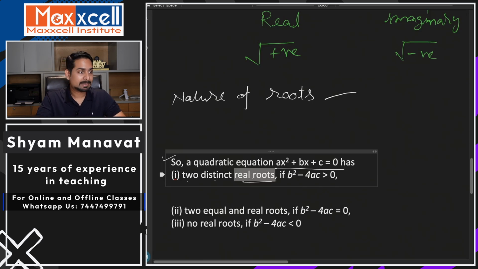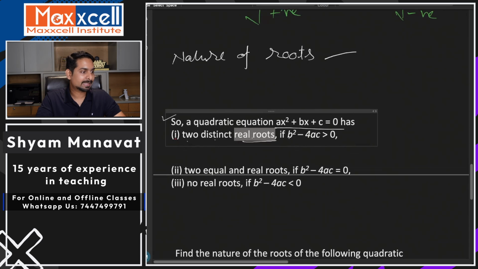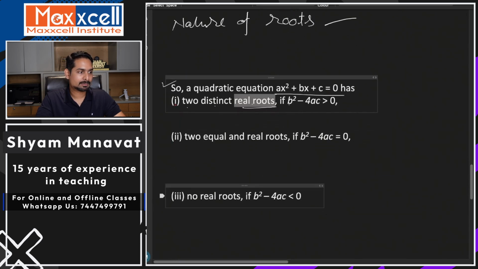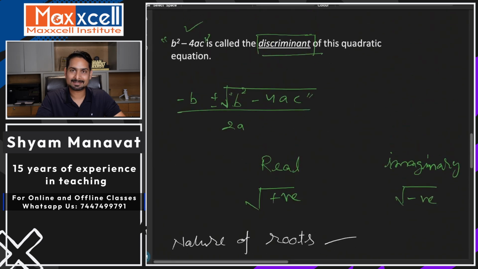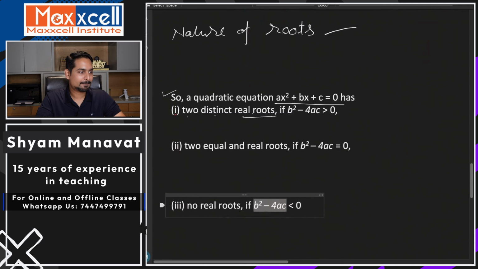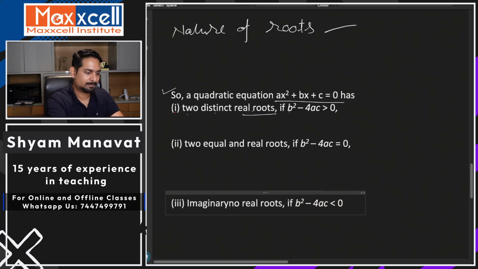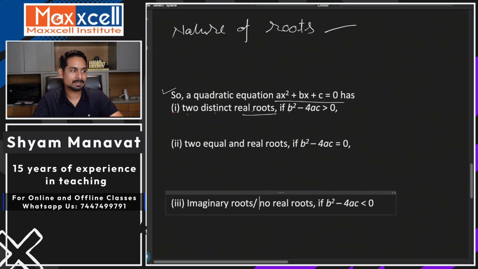Nature of roots. If you get a negative inside the root, what is inside the root? The discriminant. So if b square minus 4ac is negative, then you will get no real roots, or you can say imaginary roots, or no real roots.